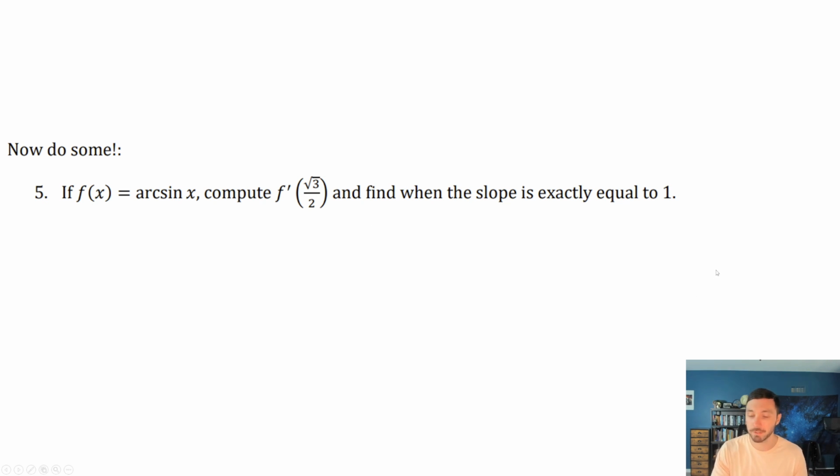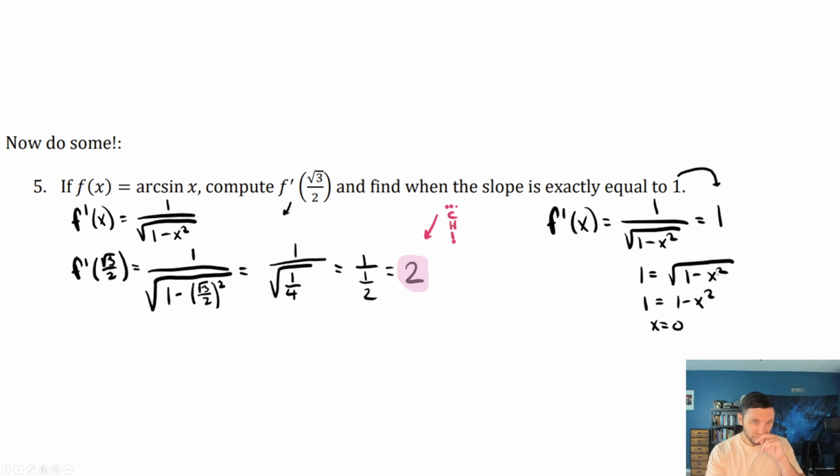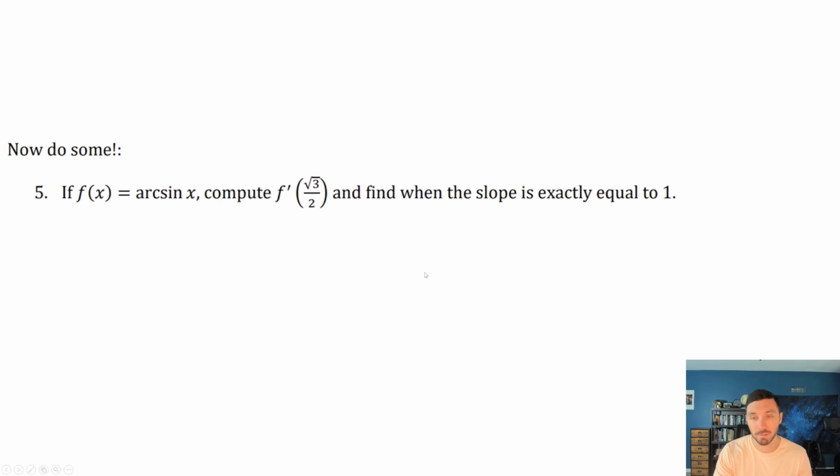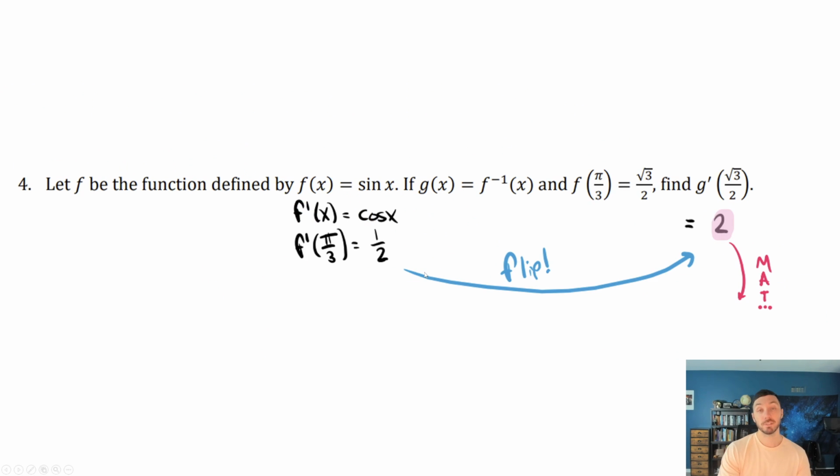Here's the thing, this is a match from the problem we did before I did the derivation of arcsine. I wrote the derivative of arcsine, this expression, and then plugged in root 3 over 2. If you plug that in, you get 1/4 in this radical down below, which is just 1/2. And then the reciprocal of 1/2 is 2, which is a match with this 2 right here.